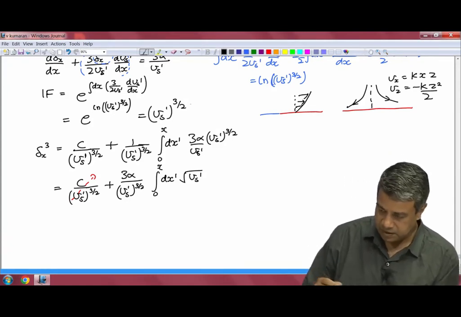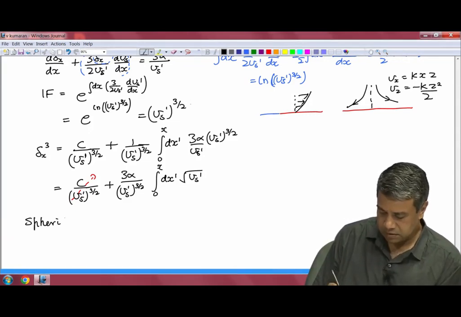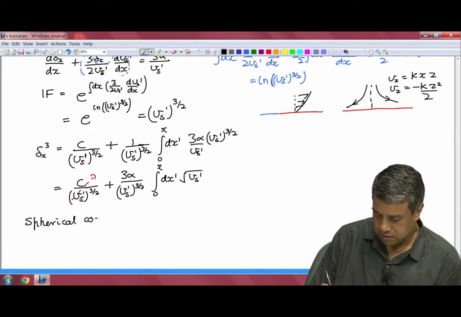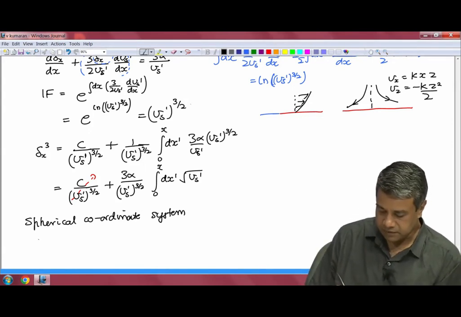For a spherical coordinate, the velocity condition, divergence of velocity is equal to 0.